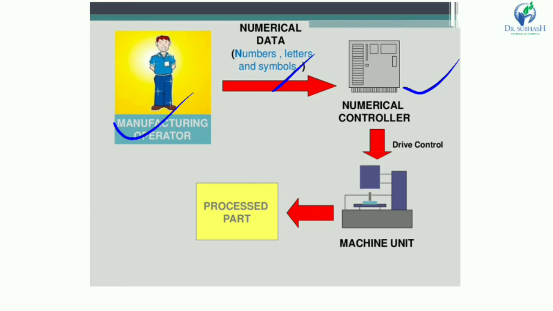The drive control unit gives the command to the machine unit, and this machine unit interprets the data given by the numerical controller and accordingly processes it. Then finally the process part will be introduced here.